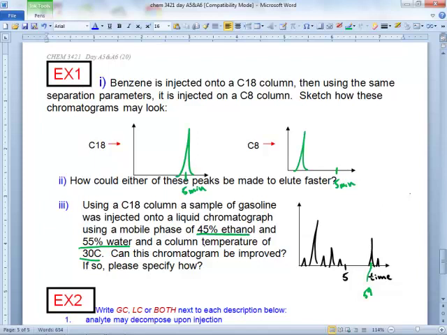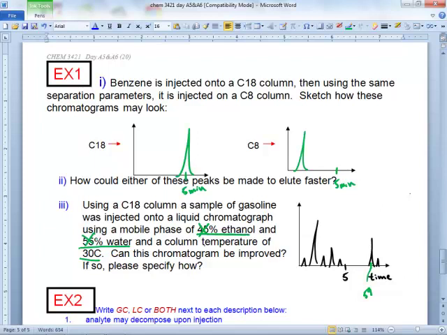I got to change the mobile phase composition, Adriana. How are you going to change it? So after 5 minutes, we're going to change the mobile phase composition. What percents would you pick? You'd pick what and what? I pick a higher percentage of ethanol and a lower percentage of water. Is she right? Remember, like dissolves like.